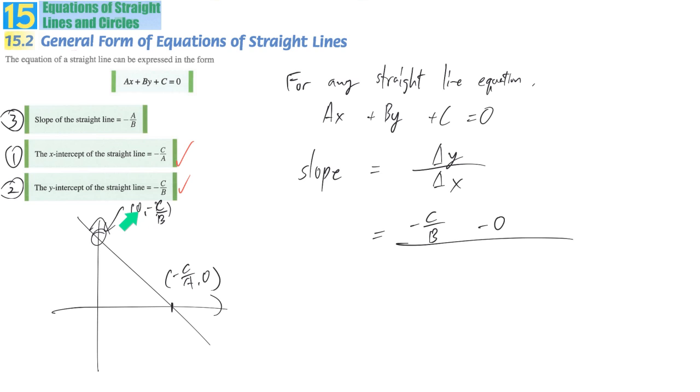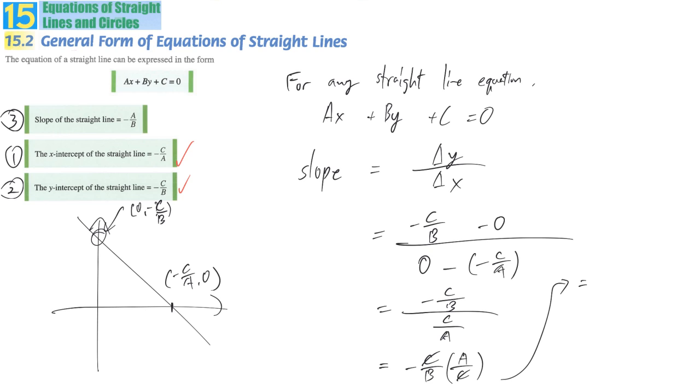And below is 0 minus negative c over a. So we have negative c over b divided by c over a. Dividing by a fraction means multiplying by the reciprocal. We find that c and c cancel out, and it gives a simplified result, which is negative a over b. So finally we prove that this one is correct also.